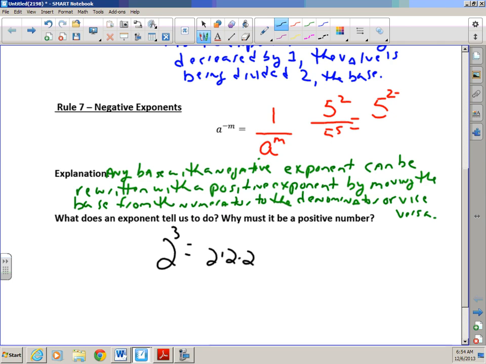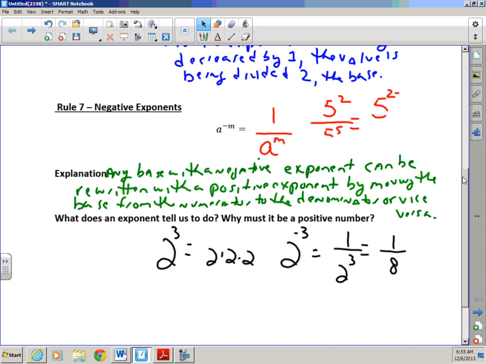If I had 2 to the negative third power, how can I multiply 2 by itself negative 3 times? That doesn't make any logical sense. So that is why we need to rewrite this in a form that gives me a positive exponent, so that now it's telling me multiply 2 by itself 3 times, but that is now the denominator in my number.